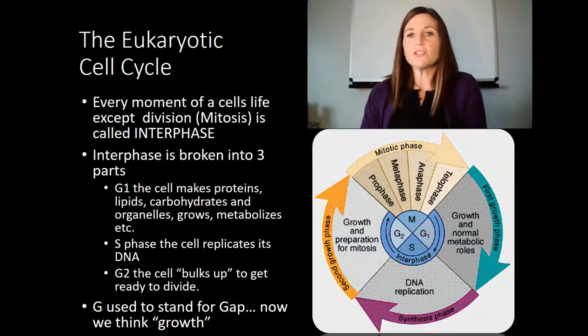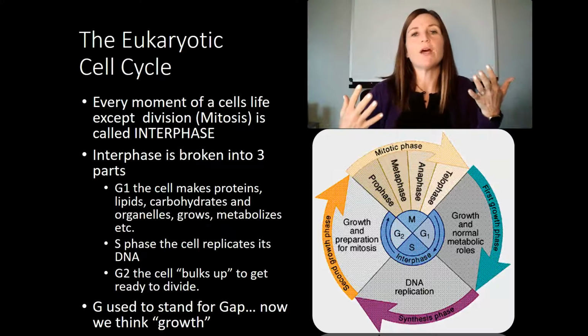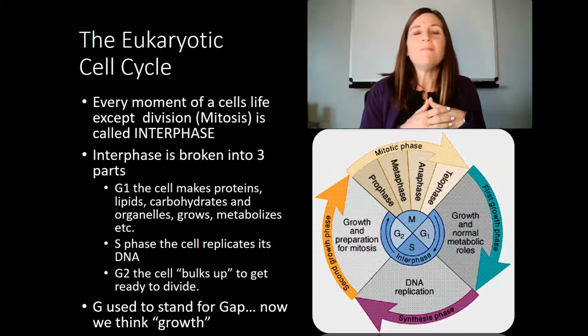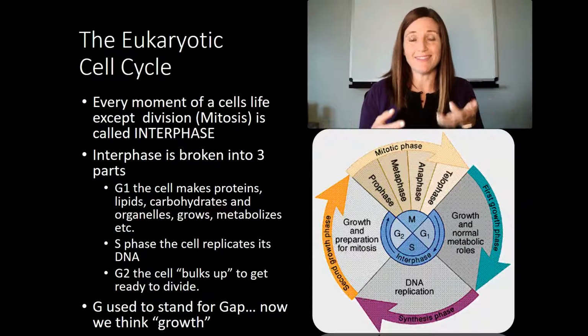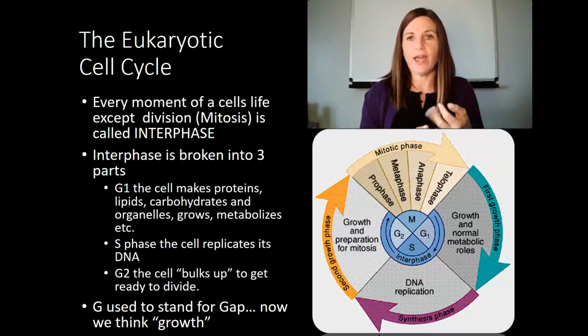Now, it's important to understand here that one of the reasons why there's so much emphasis put on mitosis for a cell is because it's the only time you can see what's happening inside of the cell. The rest of the time, during G1, S and G2, it just kind of looks like nothing's happening. There's not a lot of anything.